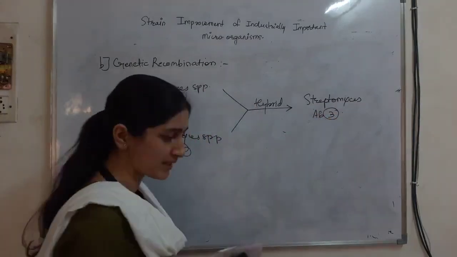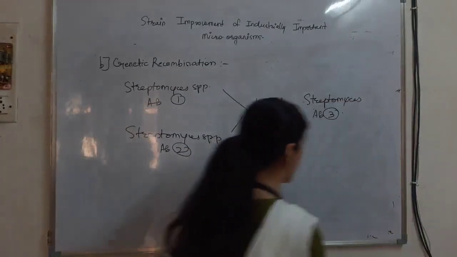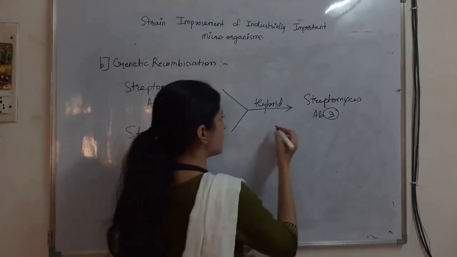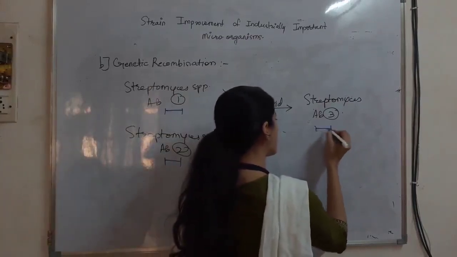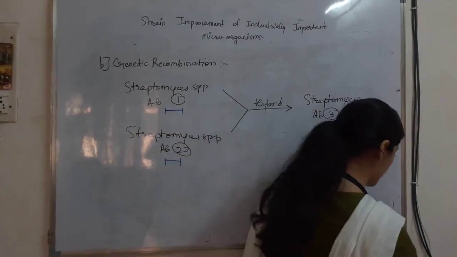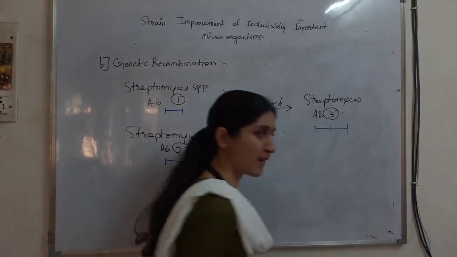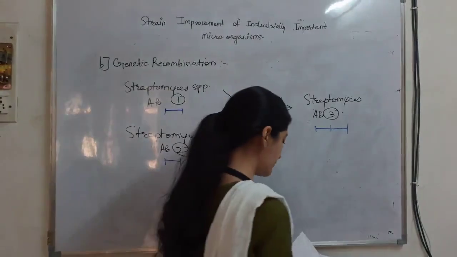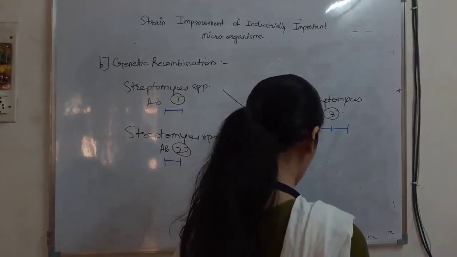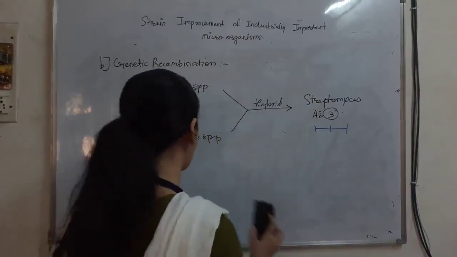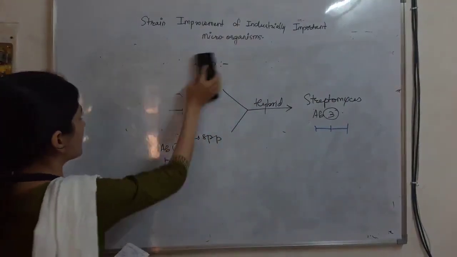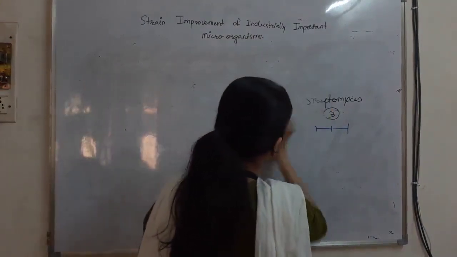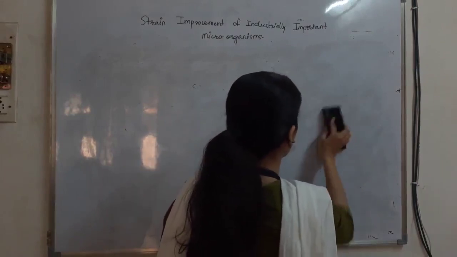That is the combination of one gene and a second gene, which will lead to the formation of a third gene, which might give other new characteristics. For genetic recombination we can use processes like transformation, transduction and conjugation.